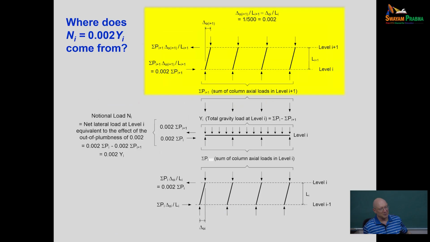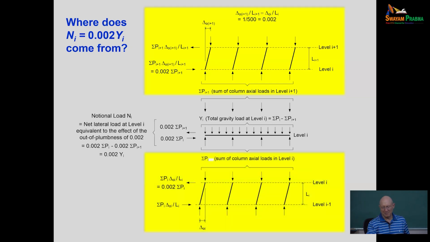So the delta naught, i plus 1 of this story, I've got a summation P, the vertical load that's carried by this story, and if I multiply by my delta naught i plus 1 divided by the story height for story i plus 1, I've got a story P delta shear that gives the same effect as the vertical load acting through that initial out of plumbness. Okay? That's a P delta shear though, it's not a notional load.